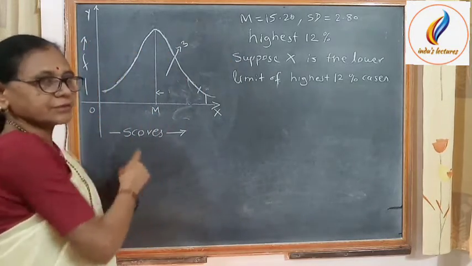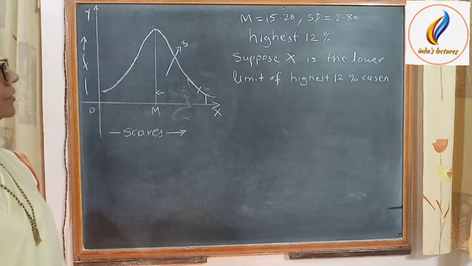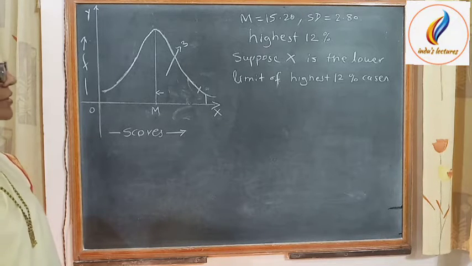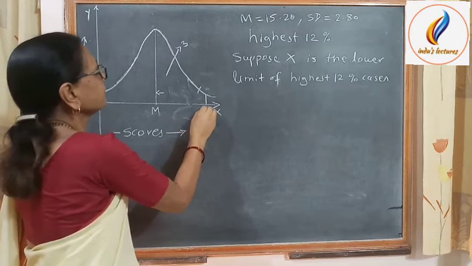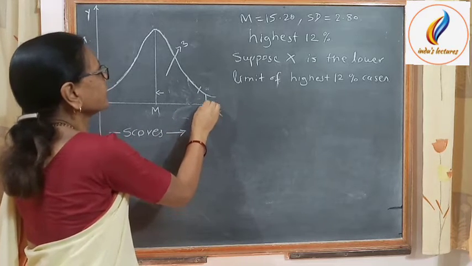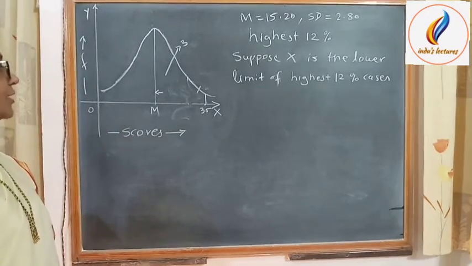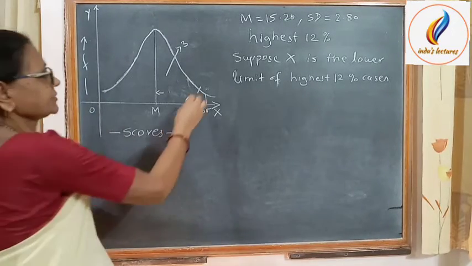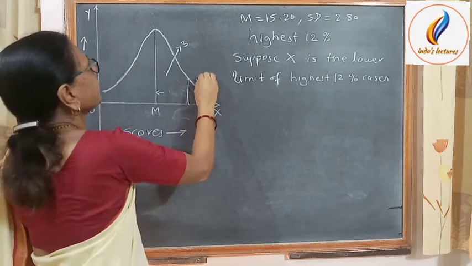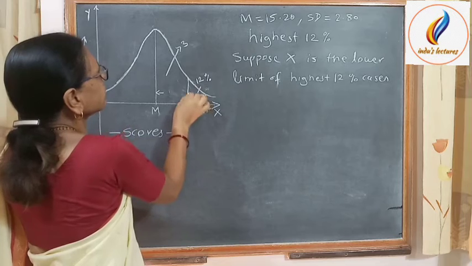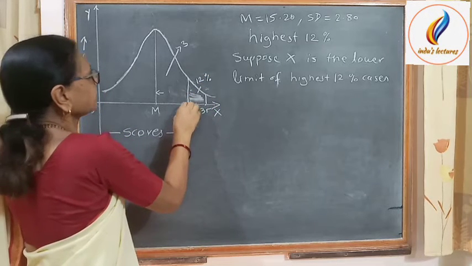Now see the figure. Always consider the figure. Now the highest 12% lies on the right side of the distribution. Suppose here the 3 sigma distance is this point, and this is the area including the highest 12% cases, and its lower limit is x.